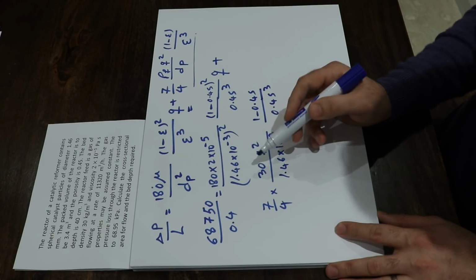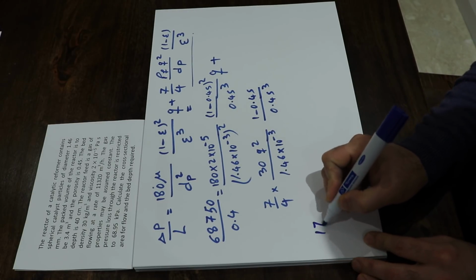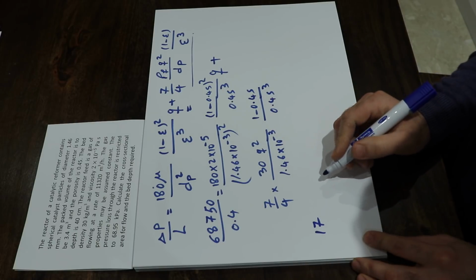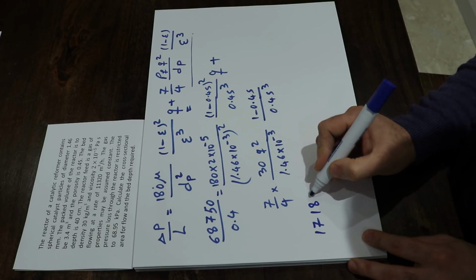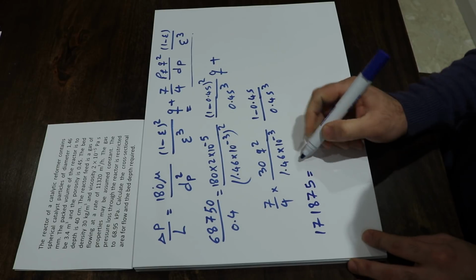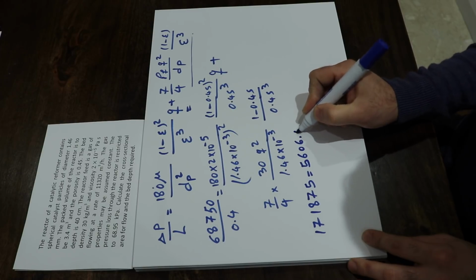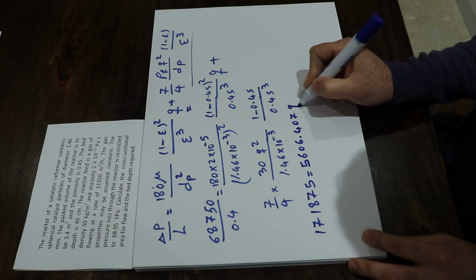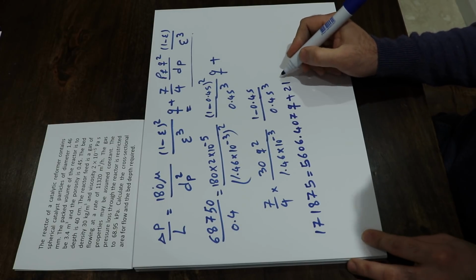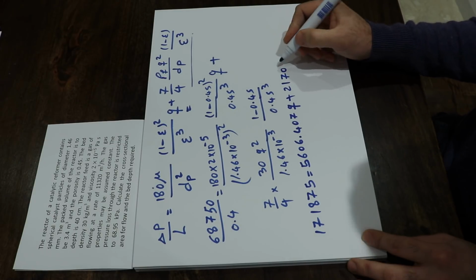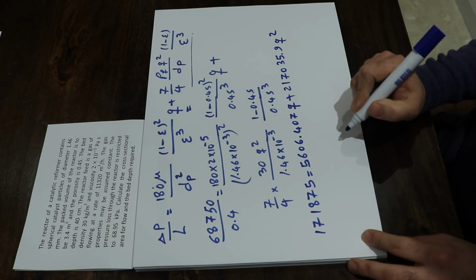So if you do the calculation here, you can simplify this equation. Obviously, you need a calculator here. That will be simplified to 17,187.5 equal to 5606.407 times Q plus 2170 35.9 times Q squared, okay?